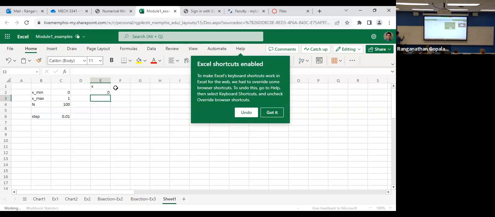So I'll call this x0, I'll call this x1, x2. x1 is nothing but x0 plus delta x, x2 is nothing but x1 plus delta x, and what would be x3? Previous value: x3 equals x2 plus delta x, sort of like adding the step length. So I can take the previous row, and to that I have to add the step length, and I have to freeze the step length, like press F4 so that you get those two dollar signs, and then press enter.